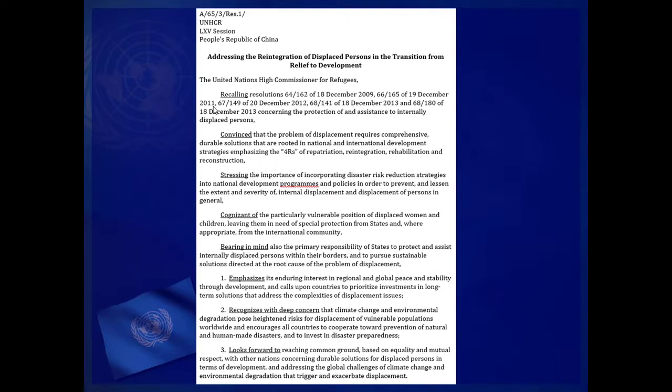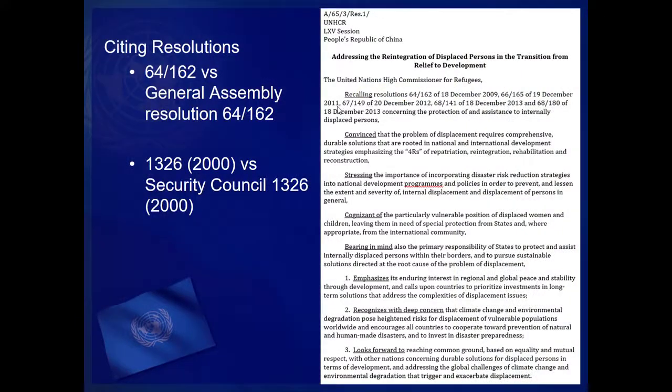Thus, in our sample resolution, we begin by recalling resolutions previously passed by this committee. Specifically, we recall Resolution 64 from the 162nd session of 2009 and Resolution 66 from the 165th session, among others. If we were citing resolutions of another UN organ, it would be necessary to include the name of that organ.